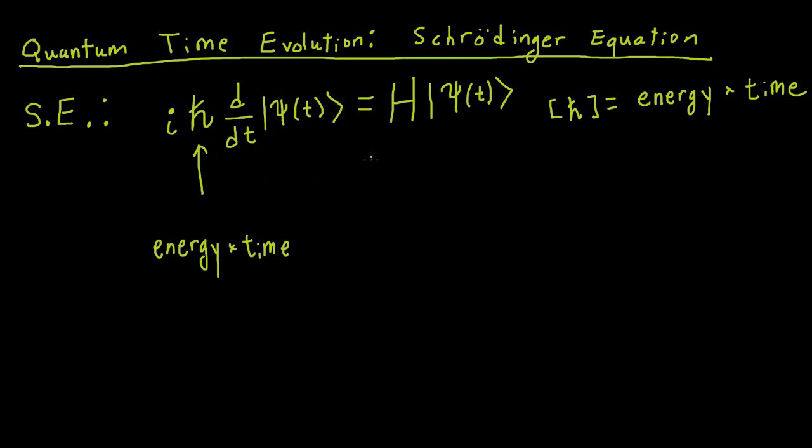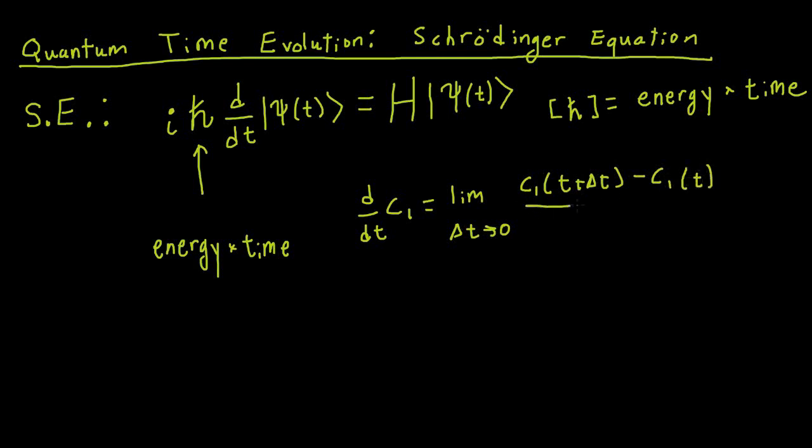And if you think about it, d/dt of, let's just say c1, let's just look at the top component. So d/dt of c1 is equal to, let's say, the limit as delta t goes to 0 of c1 of t plus delta t minus c1 of t, over delta t.